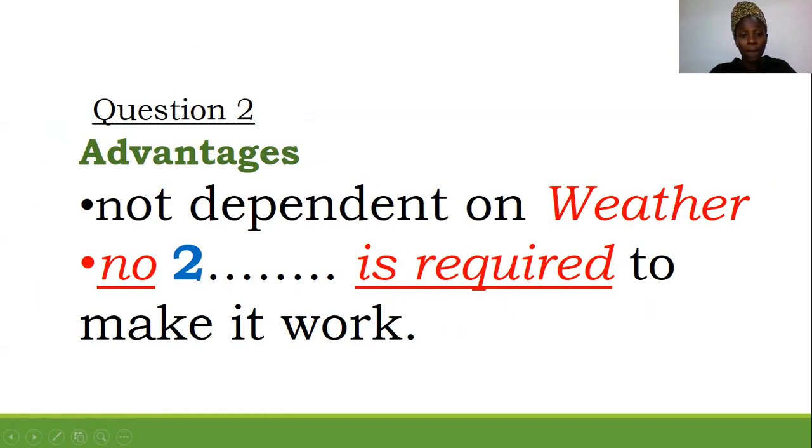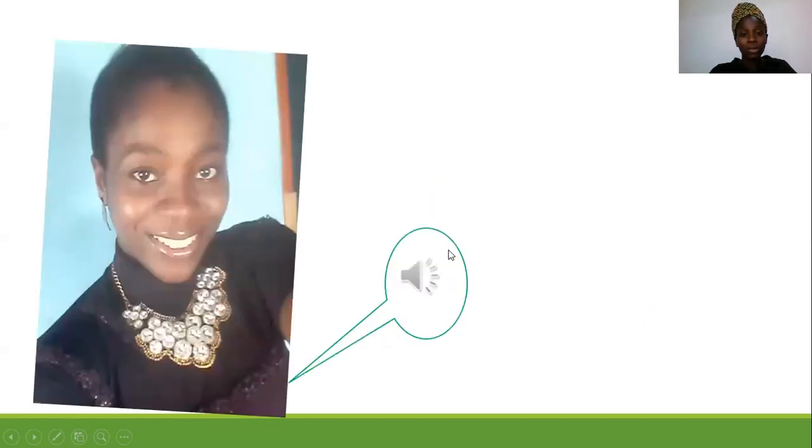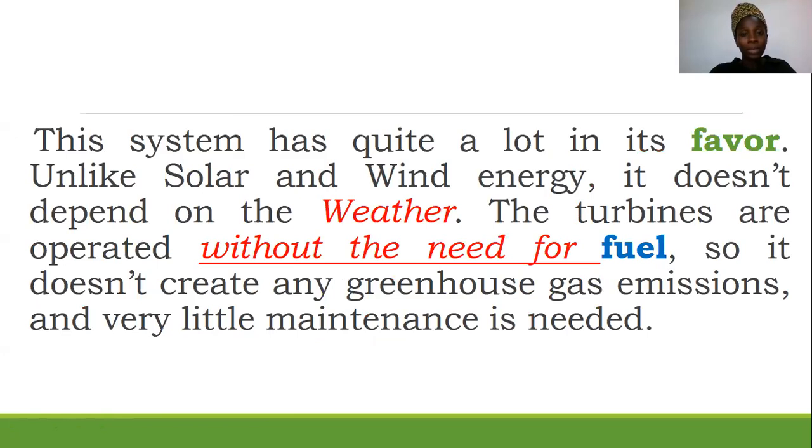To recap, when you want to answer questions on section 4, immediately you have a synonym to a particular word to point to the fact that you are approaching the particular question, just as you have here when they say this system has quite a lot in its favor.